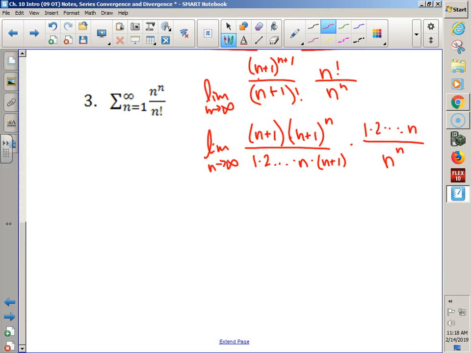Is that true? Okay, so we cancel out all of those with all of those. We could cancel out that with that, and we're left with the limit as n goes to infinity of n plus 1 all over n to the n. True?